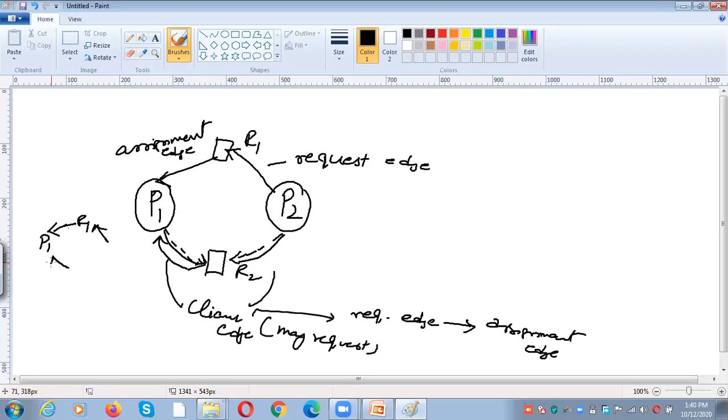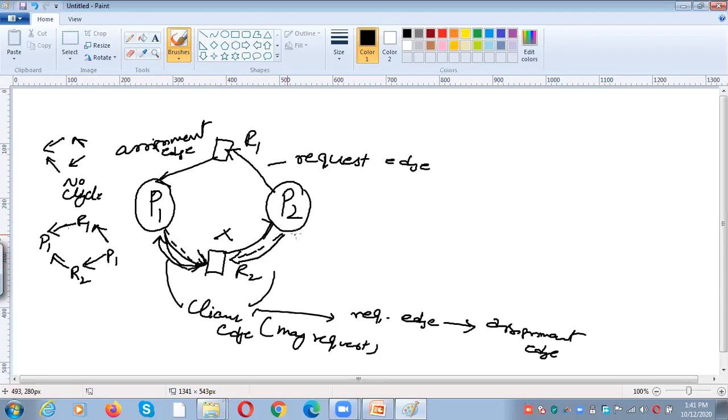R2 is also allocated to P1. And next P1 is requesting R1 and R2. So there is no cycle now. This is not a cycle. So no cycle, so we can assign R2 to P1. But whenever P1 is requesting R2, you should not assign R2 to P2.